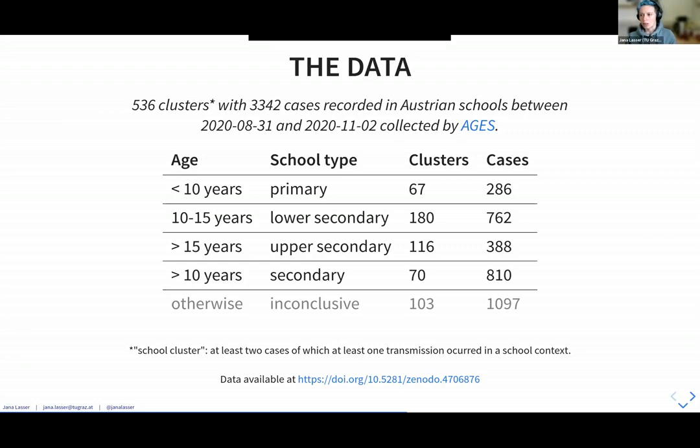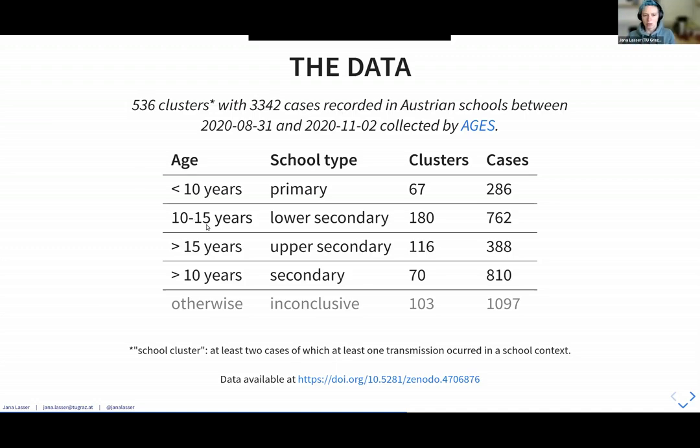And for every infection case in every cluster, we know the age of the infected person. For every cluster, we know the source case. And for every infected person, we also know whether or not they were asymptomatic. And then we group these clusters, we assign them to the different school types based on the age of the involved agents.